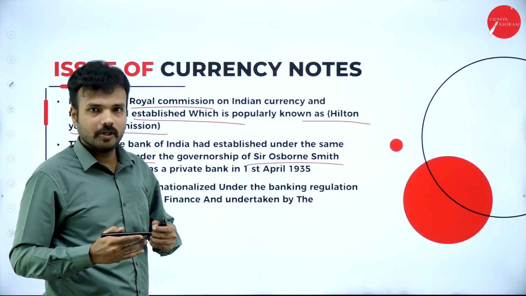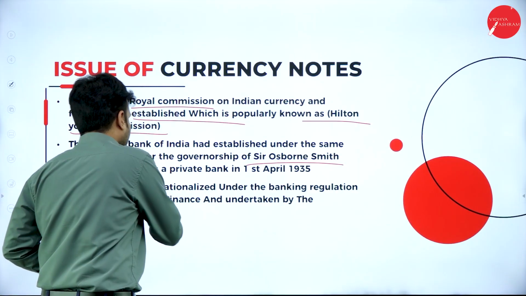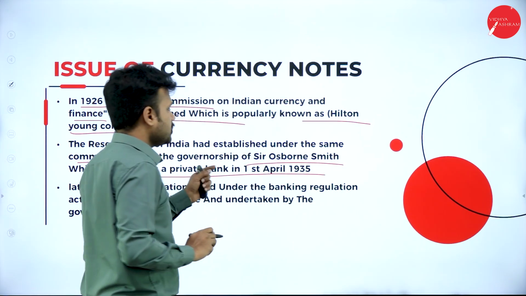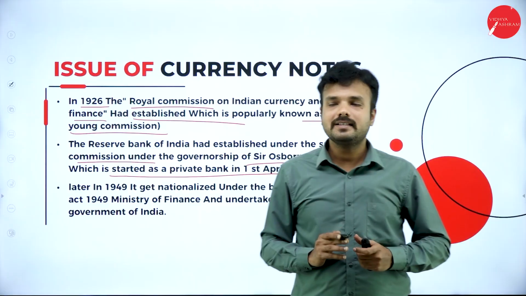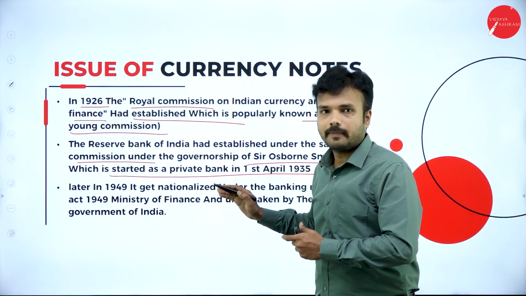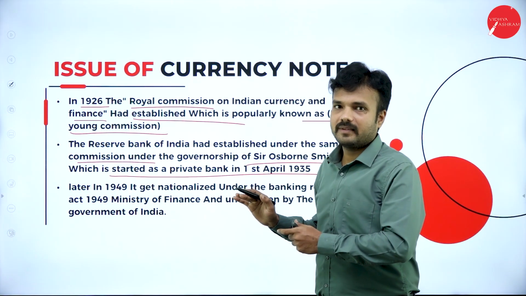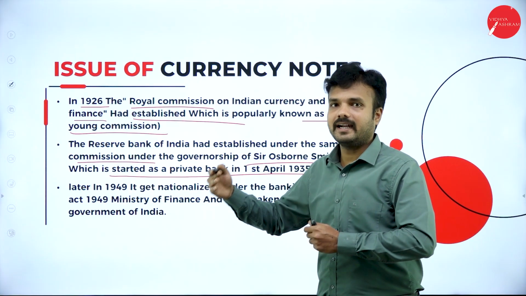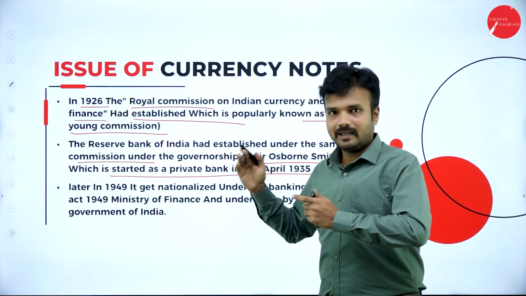Sir C.D. Deshmukh is the first Indian governor of the Reserve Bank of India, which started as a private bank on 1st April 1935. In the beginning, it was established by the Britishers as a private sector bank. Later it was nationalized and completely taken over by the Government of India in 1949.